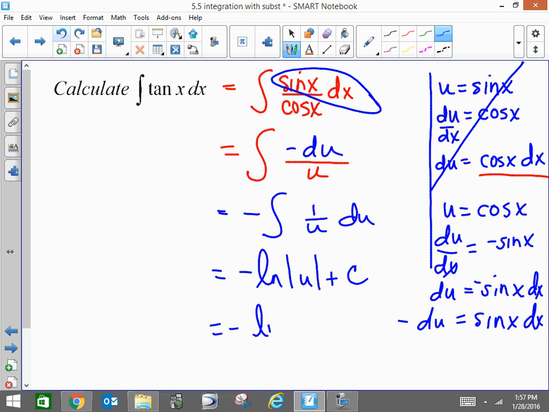Negative ln of the absolute value of cosine of x plus c. Remember, cosine of x is not always positive, so if you didn't have the absolute value bars there, that would be different. And remember, you can't take the ln of a negative number, so that's why you have to use the absolute values. Sometimes, if it's ln 5, you can leave them out.